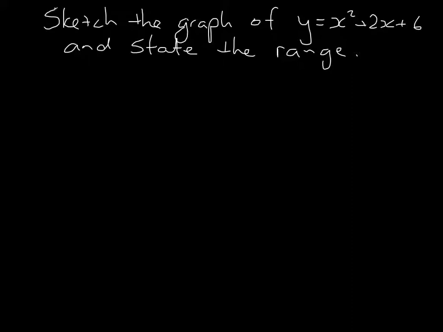Sketch the graph of y equals x squared plus 2x plus 6 and state its range. Now I'm going to turn this into turning point form. Y equals x squared plus 2x. Get the 2 and divide it by 2, which is 1.